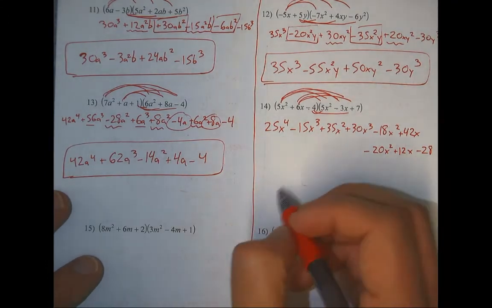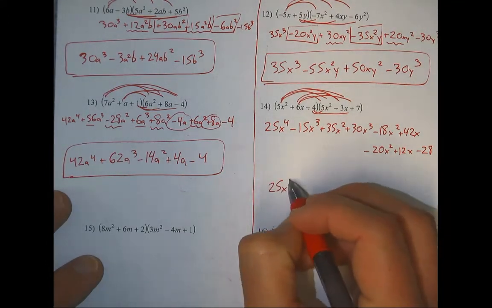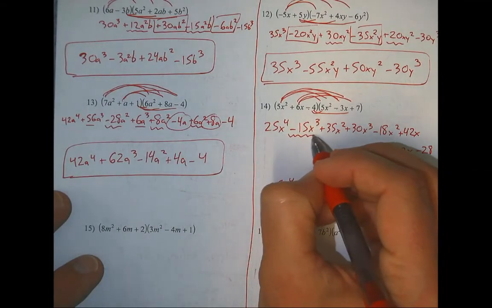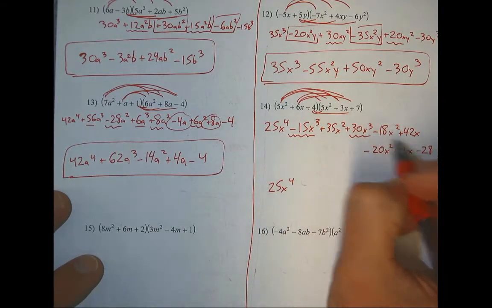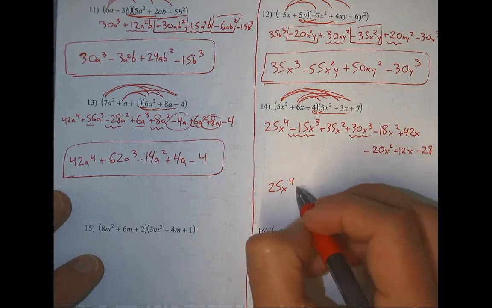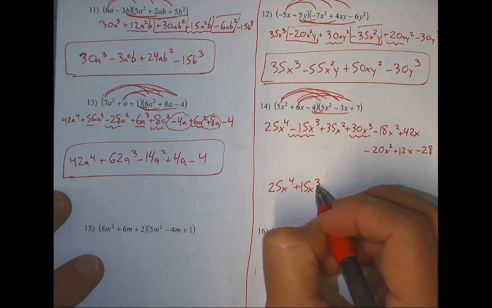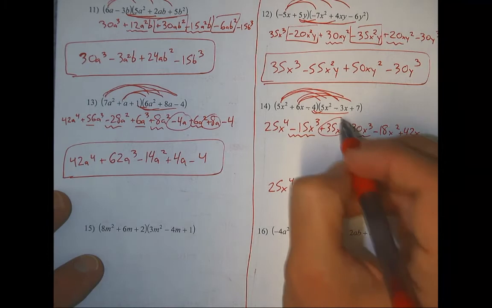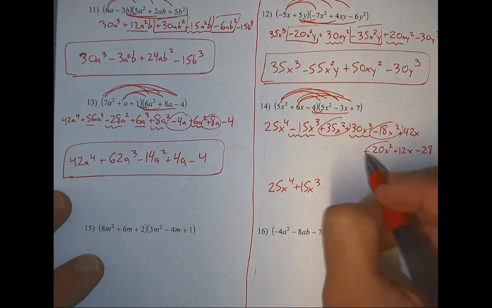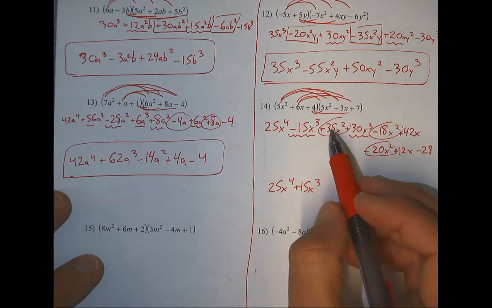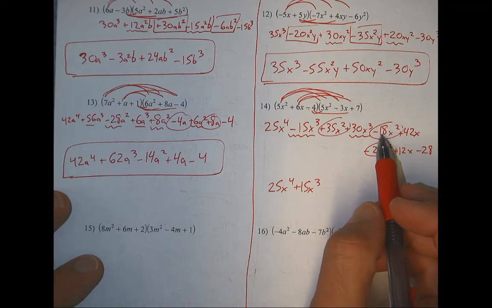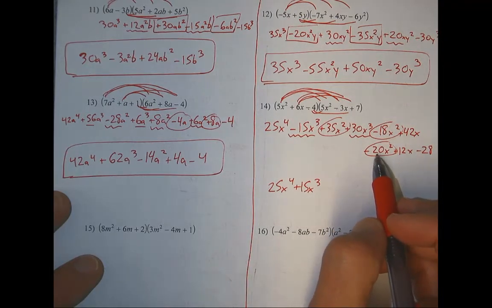All right, this is my only x to the 4th. I've got x to the 3rd, x to the 3rd. So that's positive 15x to the 3rd when you combine those. I got x squared, and x squared. So you do 35 minus 18 minus 20.